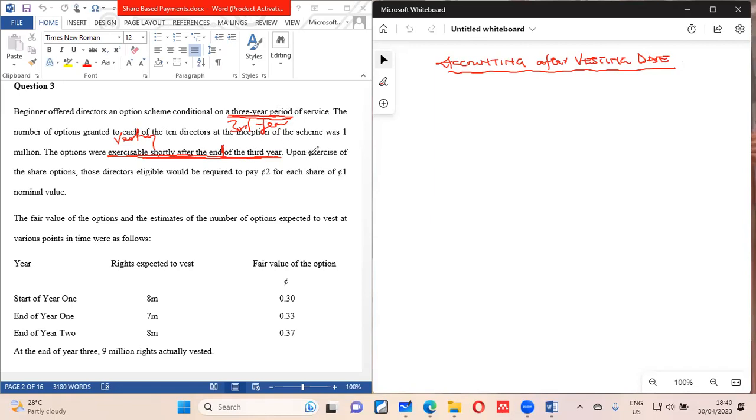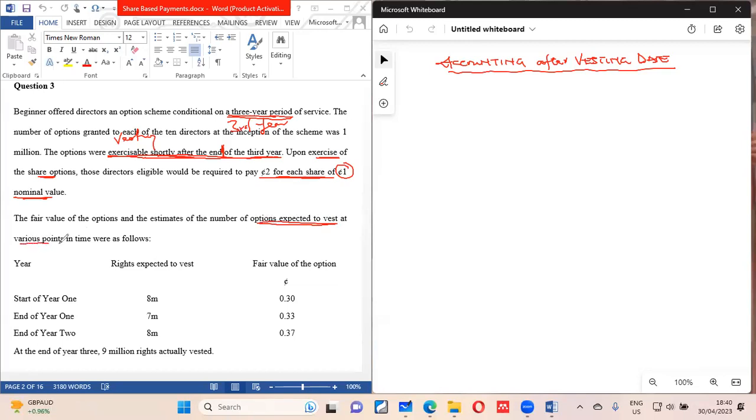Upon exercise of the share options, those directors eligible would be required to pay 2 cedis for each share, and by that share, its value in the company is 1 cedi nominal.